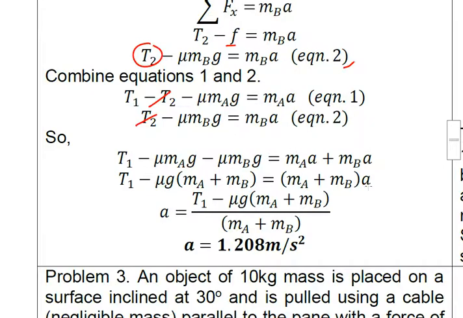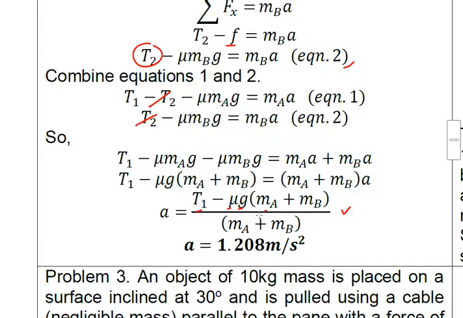Then you can factor out a. Okay, so with that, by doing further mathematics or rearrangement of the variables, we come up with this equation. Then plug in all the values. You have already the force T1, the mu, then you have the g, then plug in, and voila.